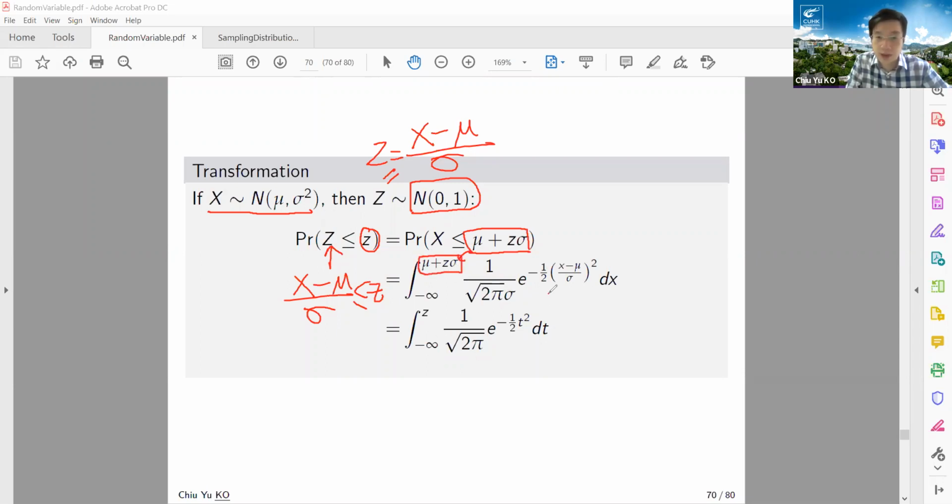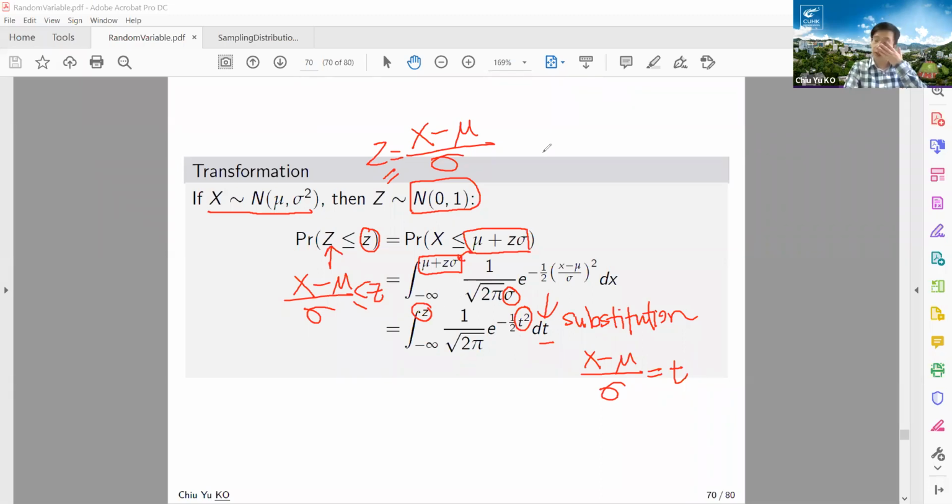From here to here, we require the technique called substitution. Basically, let X minus mu over sigma be t, and with t squared, this cancels out this term, and you put this here and you get the result.